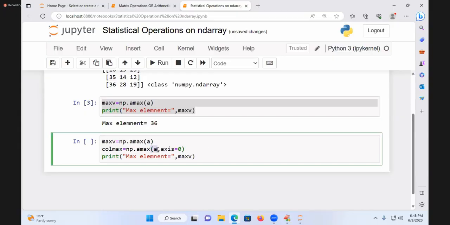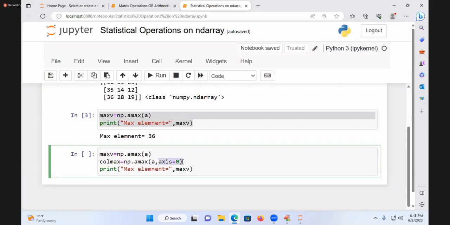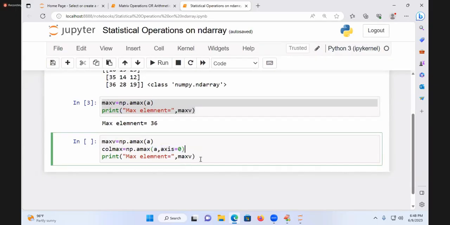What is axis equal to 0? Columns. What value is printing? Column max is printed.